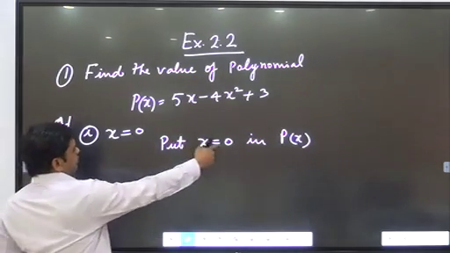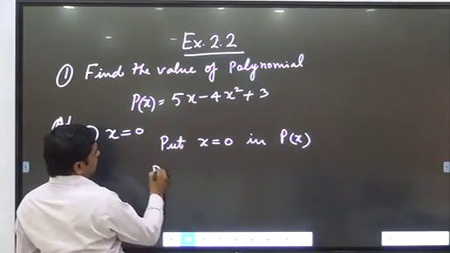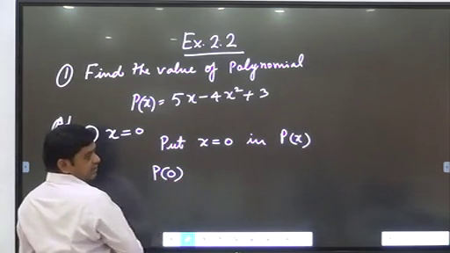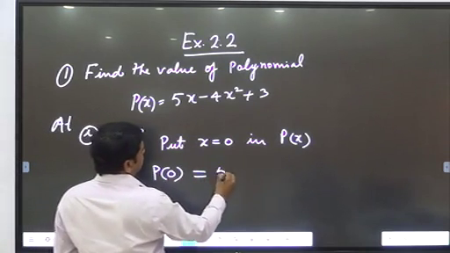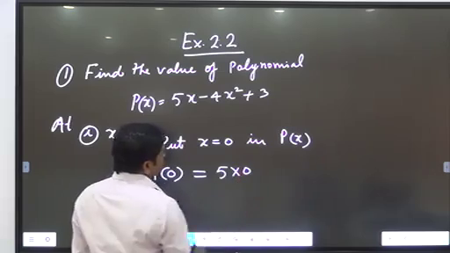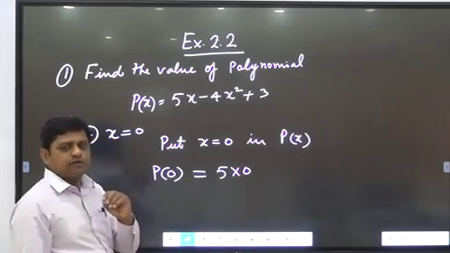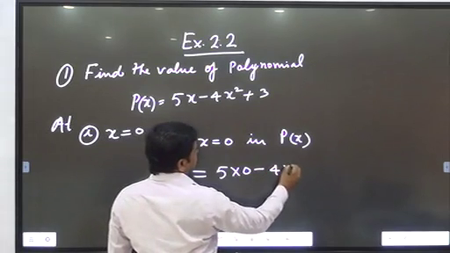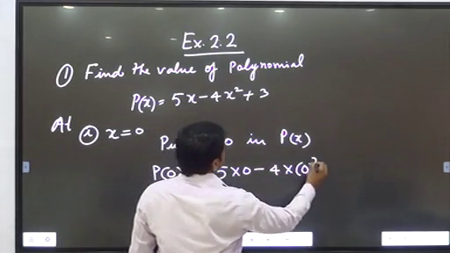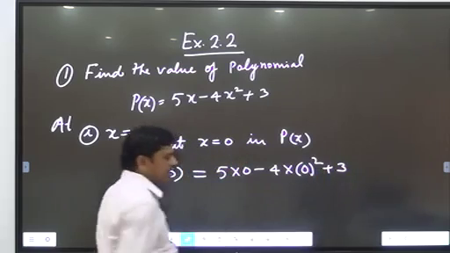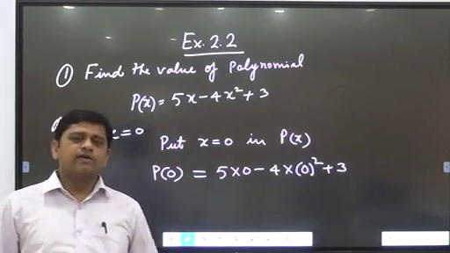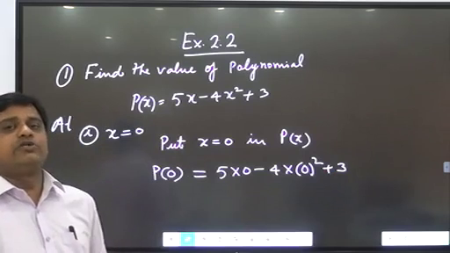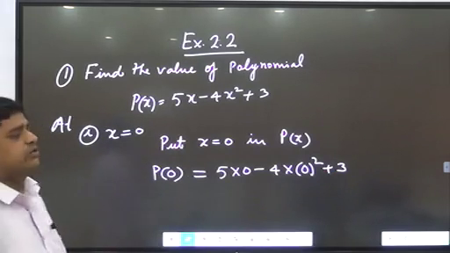So putting x equal to 0 in it, we get p(0), writing 0 in place of x: 5 into 0, because 5x means 5 into x, minus 4 into 0 square plus 3. And students, we know very well, when we multiply any number by 0, we always get 0.